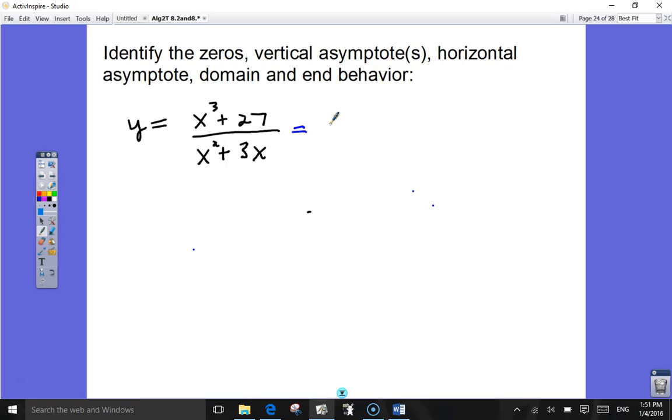What kind of factoring would you do in the denominator there? Greatest common factor? If you can't think of anything else, see if there is a common factor between those two terms. What is it? X. So take out an X. That'll help.